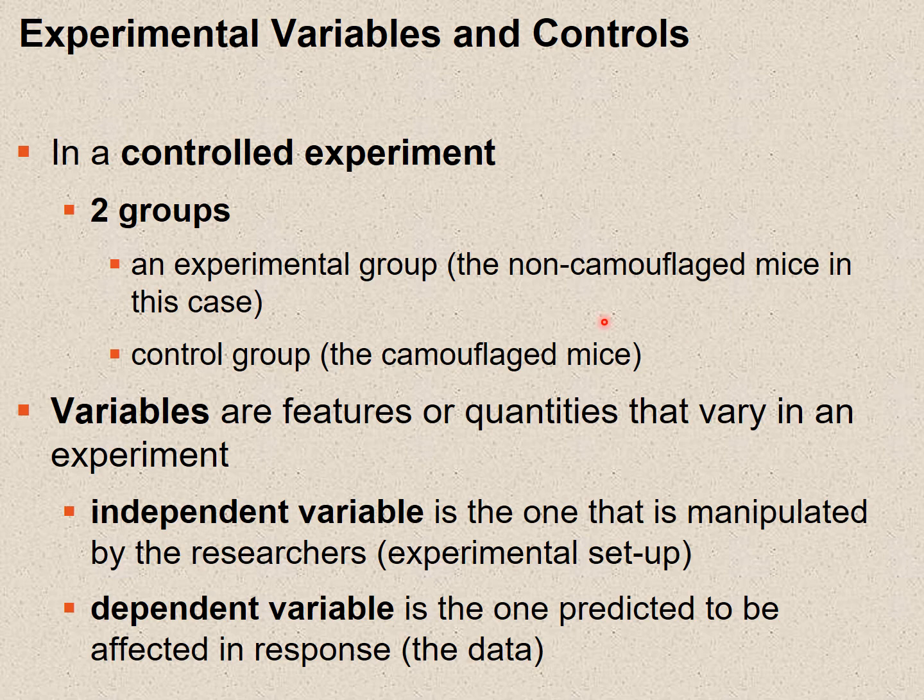So here you're looking for signs of predation. You can look at your data and ask, is it the number of mice that had signs of predation, right? So that would be the independent variable. So which group of mice showed that? And then the dependent variable is the one that's predicted to be affected in the response.